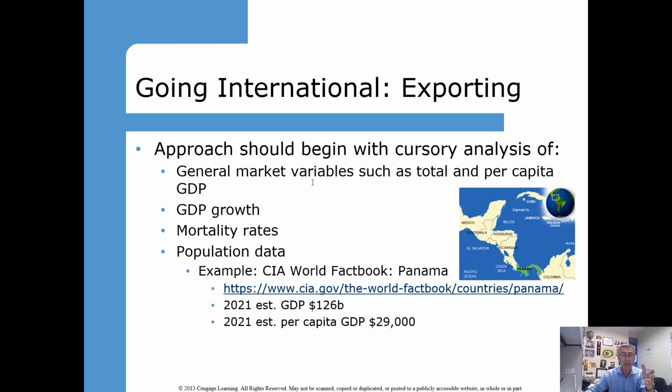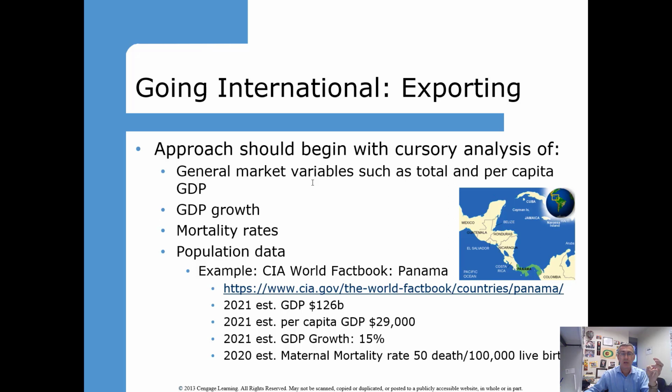But the per capita GDP is $29,000 per person, so just think about that. The GDP growth, that's the part right there. Look at that, 15%. When the US has a GDP growth of 3%, we celebrate. This is massive GDP growth. The maternal mortality rate is 50 deaths per 100,000 live births here, and the population is at 4 billion.